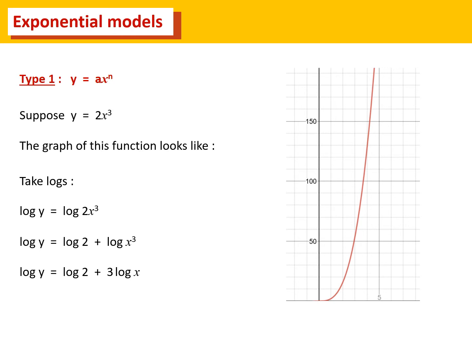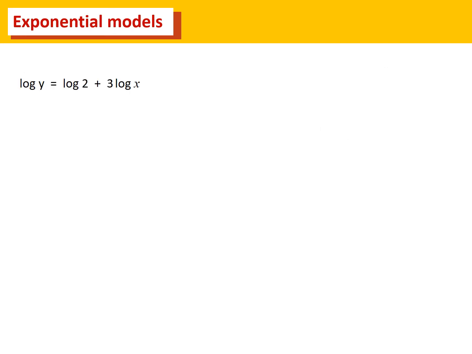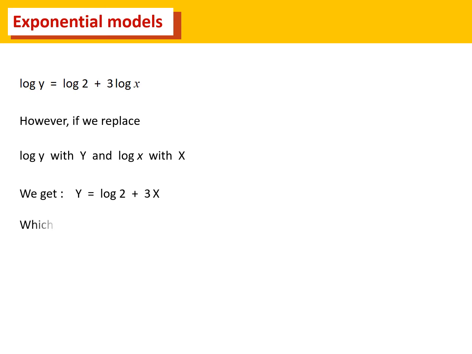Okay? So if in that relationship we replace log y with capital Y and log x with capital X, we end up with this equation. Y equals log 2 plus 3X.